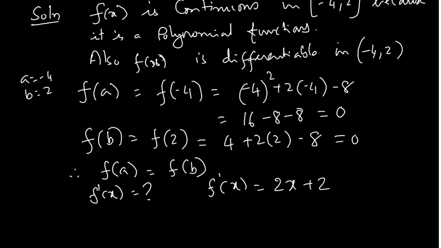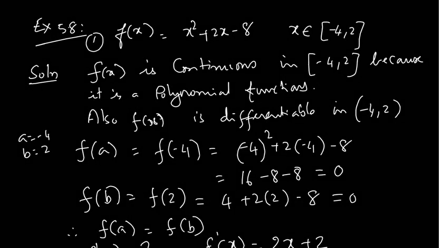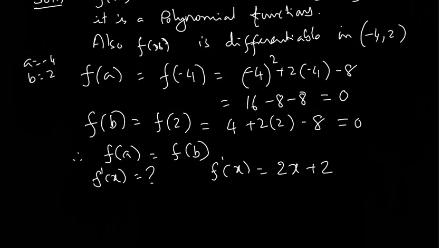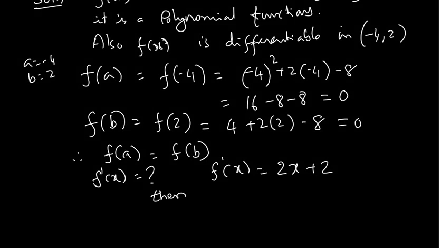X square differentiation is 2x, 2x differentiation is 2. 2x plus 2. Okay. So we are equating this 2x plus 2 to 0. Then f dash c, that is nothing but 2c plus 2. I substituted c instead of x.